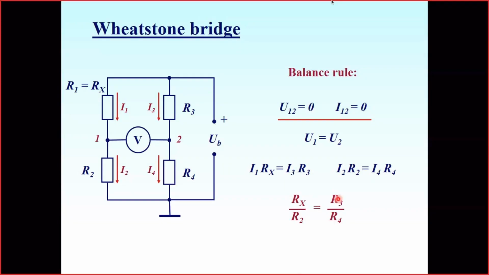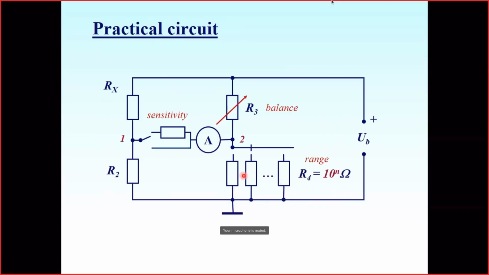By changing these resistors, I may actually change the range. For instance, if I'm going to increase my range, compared with the maximal value of R3, which is up to 10 kilo ohms, I want to make it up to 1 mega ohm, or up to 10 mega ohms. So I will take this R4 1000 times less than R2.